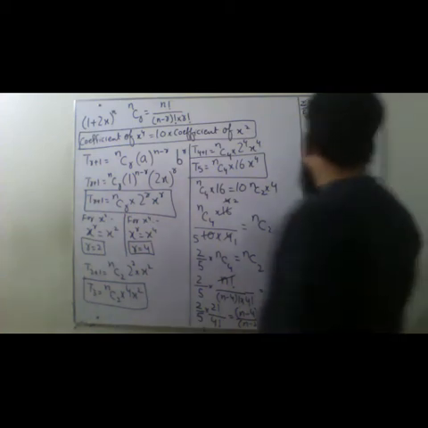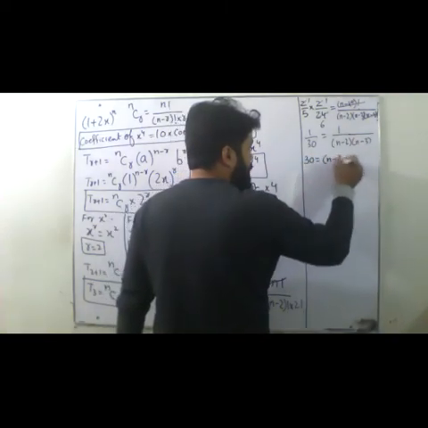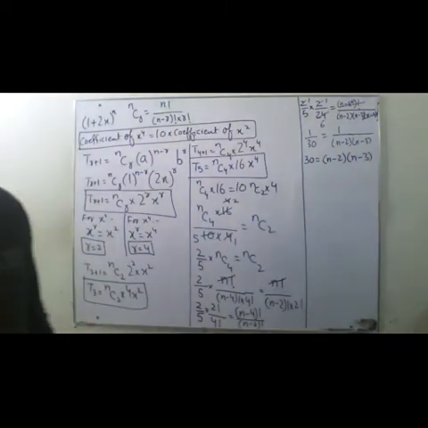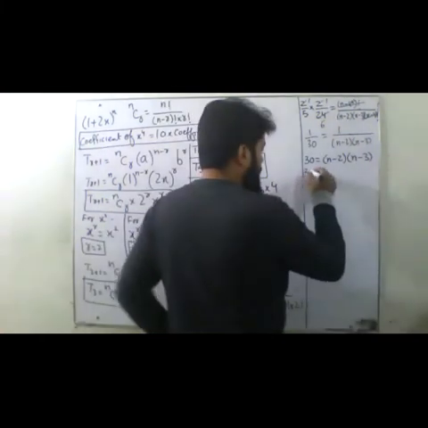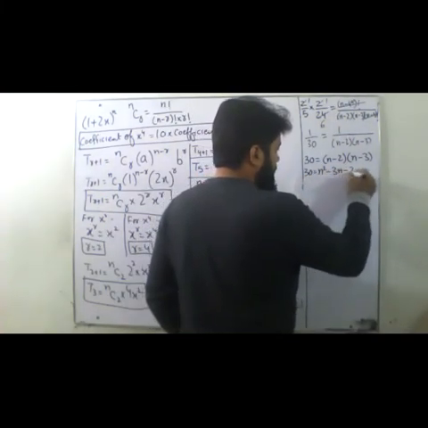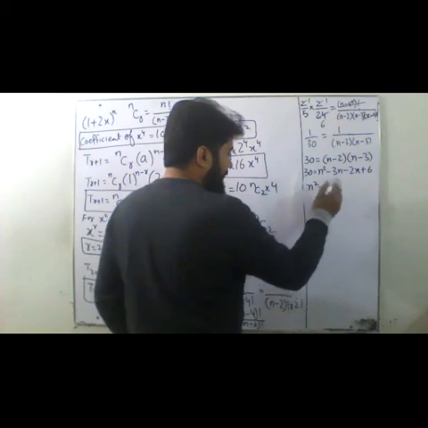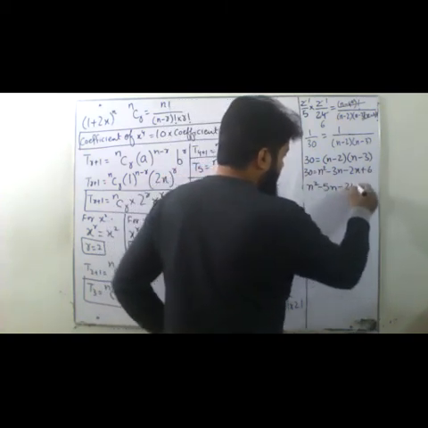Okay. Now taking them as a reciprocal, n minus 2 and n minus 3. So now solving these two, this will become n^2 minus 3n minus 2n plus 6. Okay, so this will become n^2 minus 5n, and this shifted over here, that will become minus 24 equals 0.